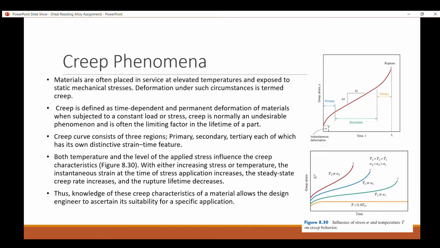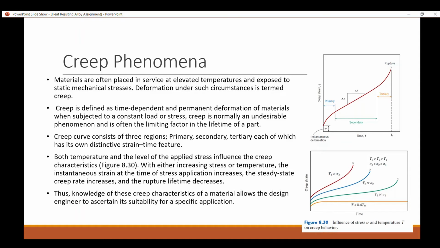Also we can see from this figure 8.30, as you increase the stress or temperature, this increase causes the instantaneous strain at the time of stress application to increase. The steady state creep rate increases as well, and the rupture lifetime decreases.